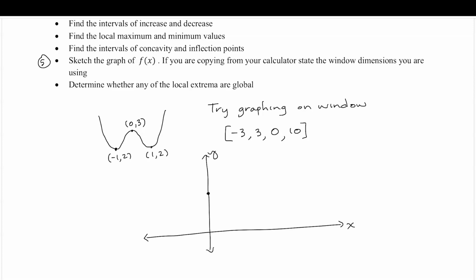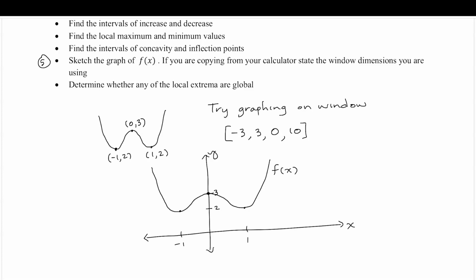Okay, then I can come up with a decent sketch. I know that the graph has the point at 0, 3. It's got a point at negative 1, 2, and a point at 1, 2, and it basically looks like this.